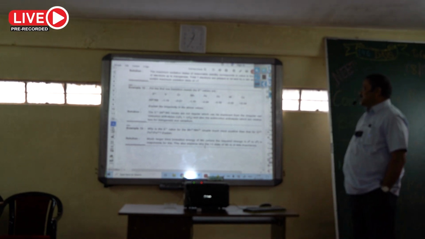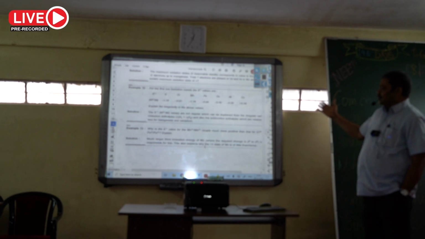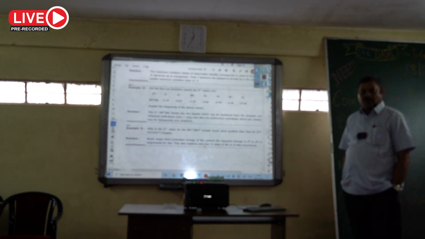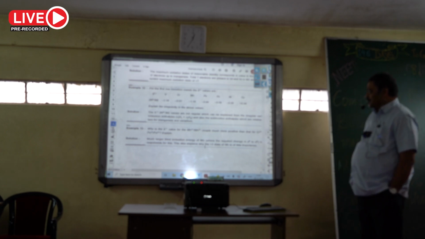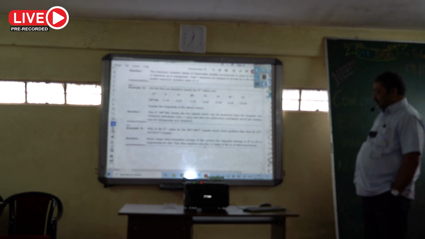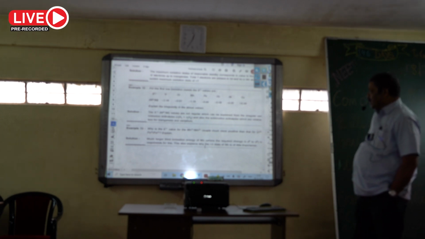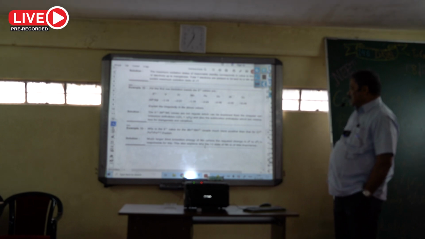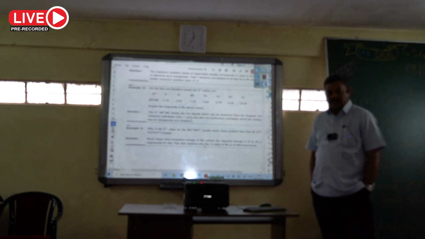This point today we discussed. Explain the irregularity in the above values. The E0 values are not regular, which can be explained from the irregular variation of ionization enthalpies and also the sublimation enthalpies.